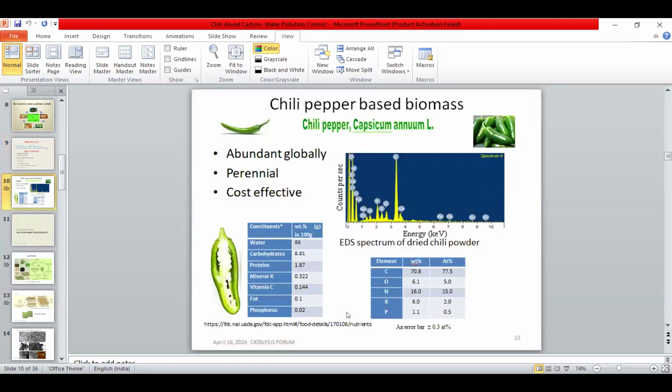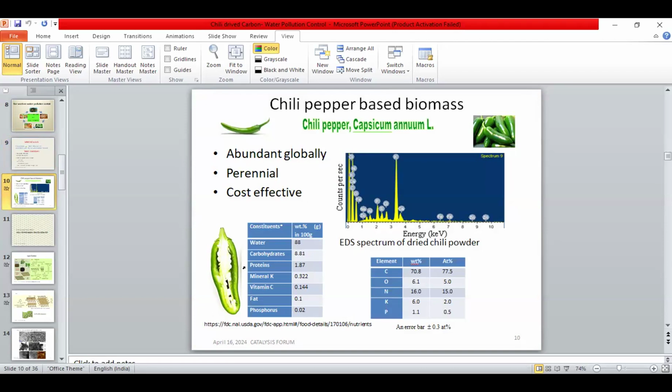Now, why chili pepper? What is the specialty of chili pepper? Let's go a little bit into the biological part. The name is Capsicum annuum L, and chili pepper is selected on the basis of its abundance, its perennial nature, its availability throughout the year, and its cost effectiveness.